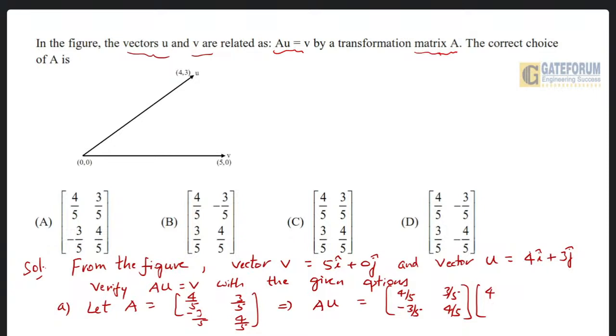Every vector can be represented as a three-dimensional or two-dimensional point depending on i, j, k, and that point can be written again as a row matrix or column matrix: 4, 3. So this first row into this column, second row into this column.